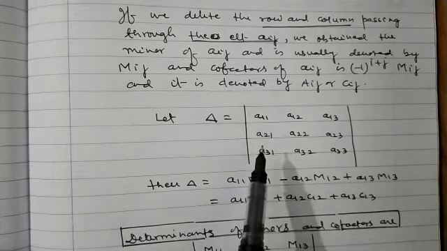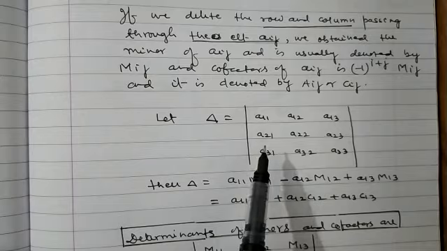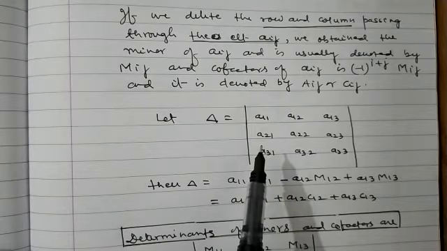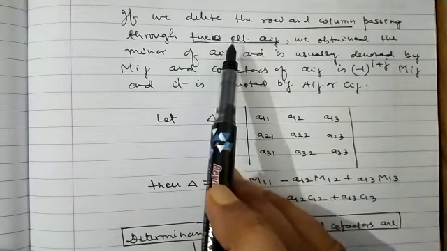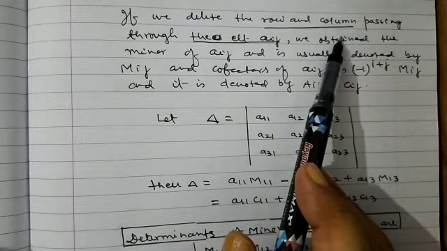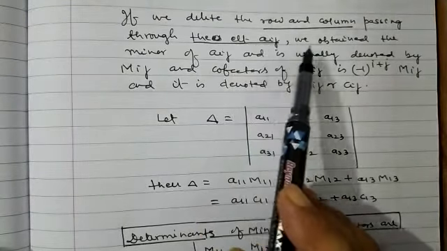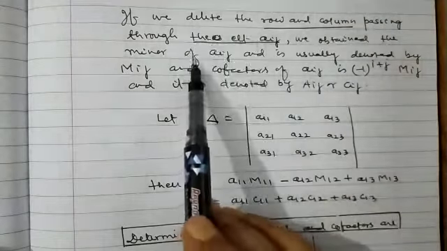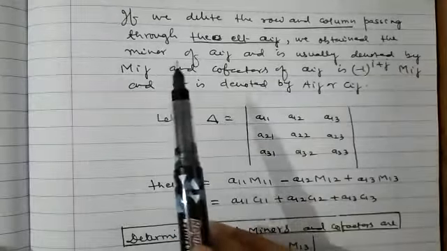For this purpose, you should know about minor and cofactor. So see, what is a minor? If we delete the row and column passing through the element Aij, we obtain the minor of Aij, usually denoted by Mij.